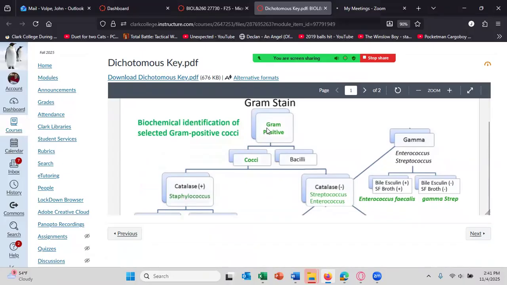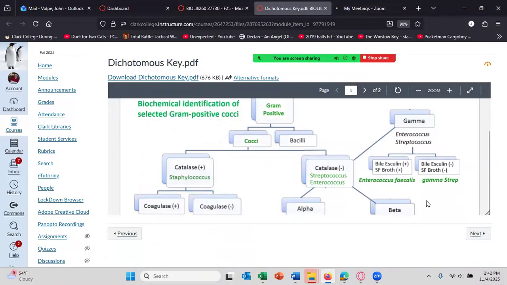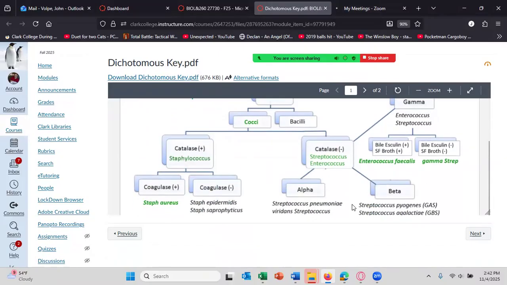So you can split the gram-positive cocci into those which are catalase positive and those which are catalase negative. We're going to scratch out the catalase positive, our unknown is catalase negative, and then you do the hemolysis test. This is alpha hemolysis, beta hemolysis, gamma hemolysis. Sorry, the hemolysis isn't up here, but that's what that means.